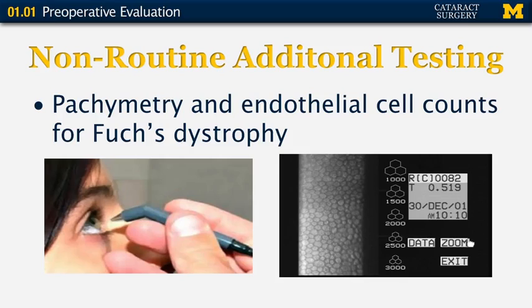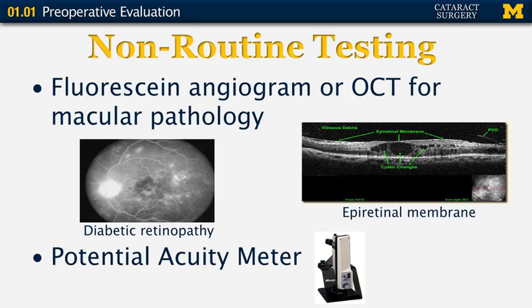There are some non-routine additional tests that might be indicated. That would be pachymetry or endothelial cell counts for Fuchs corneal dystrophy. In the slide on the left, we are performing pachymetry, and on the right is an endothelial cell count. Also non-routine would be fluorescein angiography or optical coherence tomography for macular pathology.